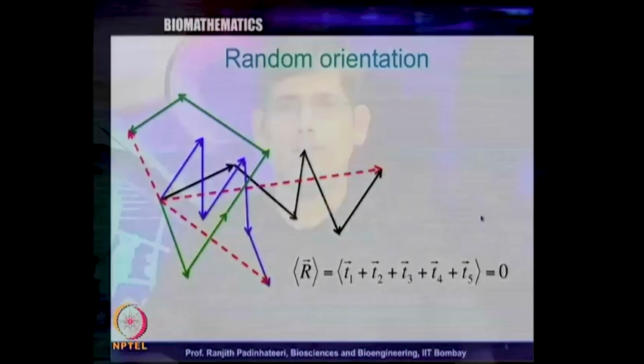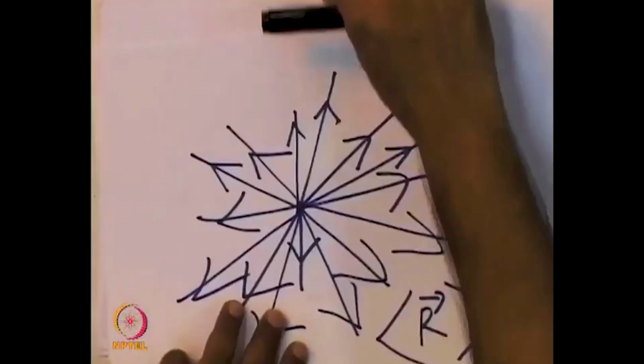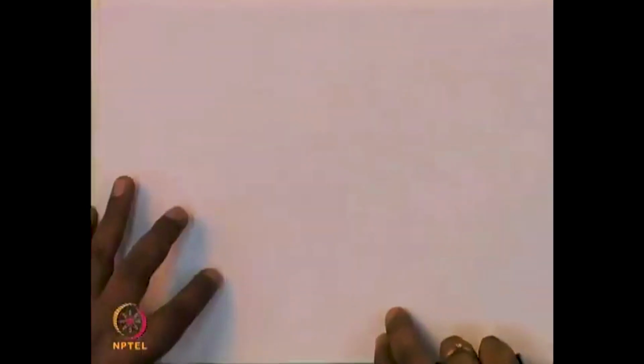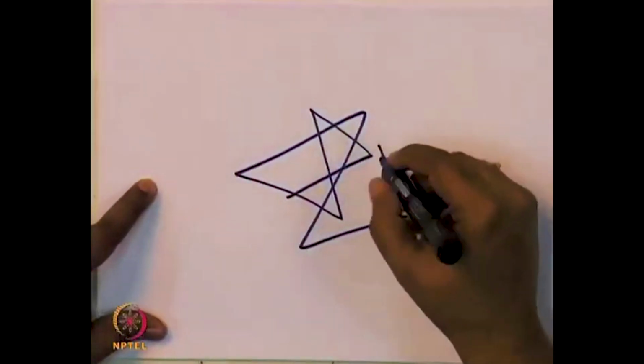Okay. So, we know that the average value is 0. It does not have much meaning, but even if the average is 0, each of these proteins has some size. If you look at a particular protein, there is some size.